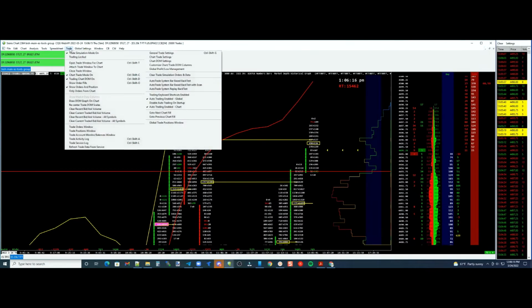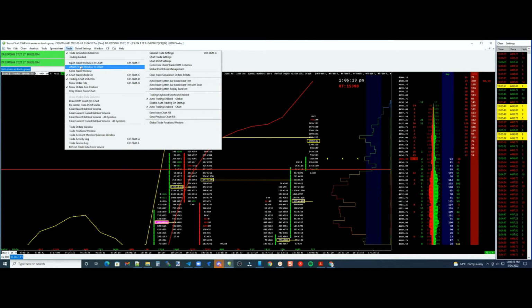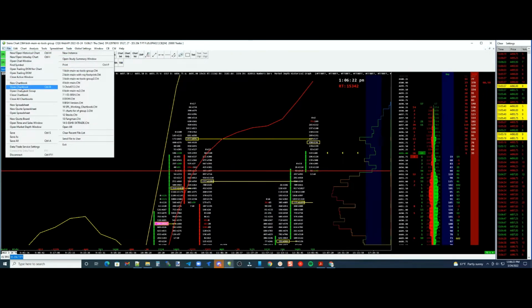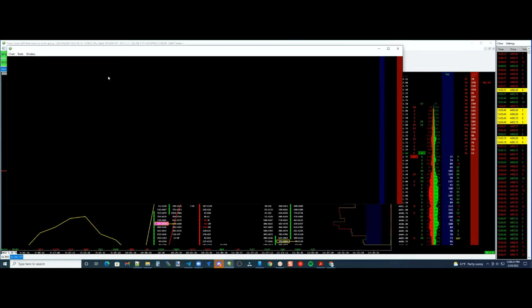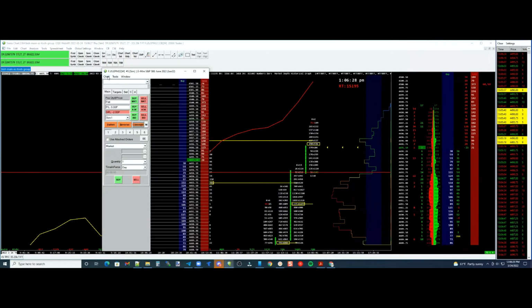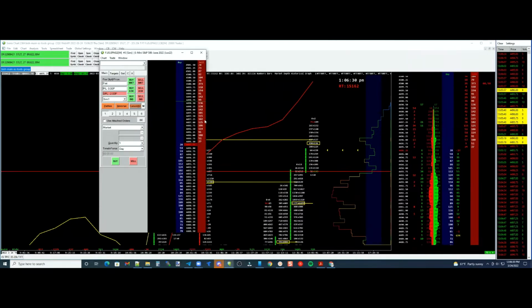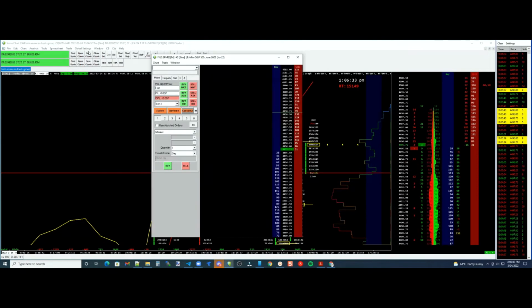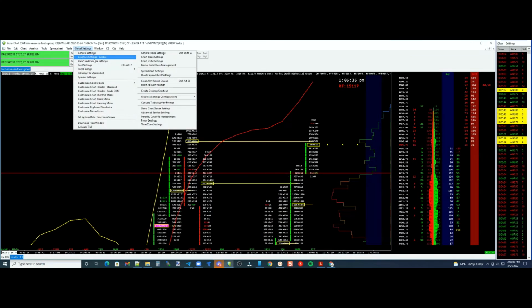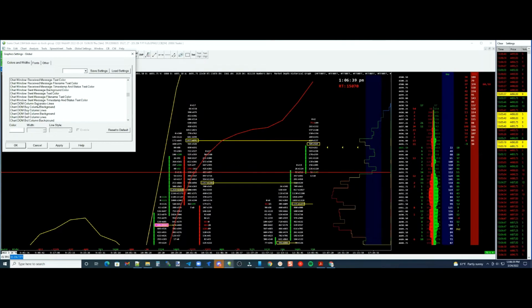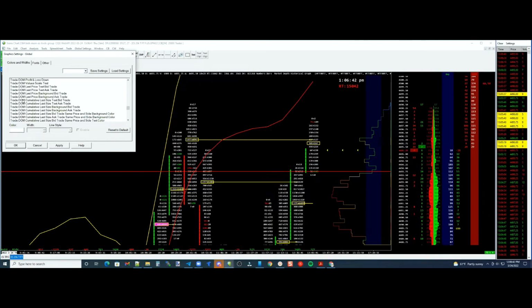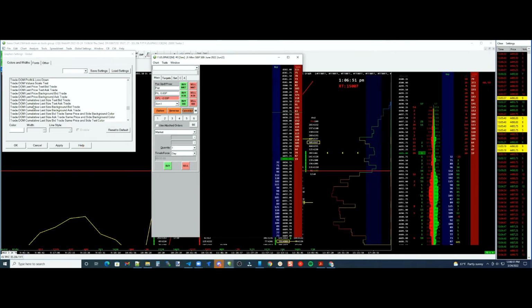For the trade DOM, if I open up a trade window and DOM for chart, this one right here, those color settings are governed by the trade DOM color settings. So you have the chart DOM color settings and you have the trade DOM color settings.